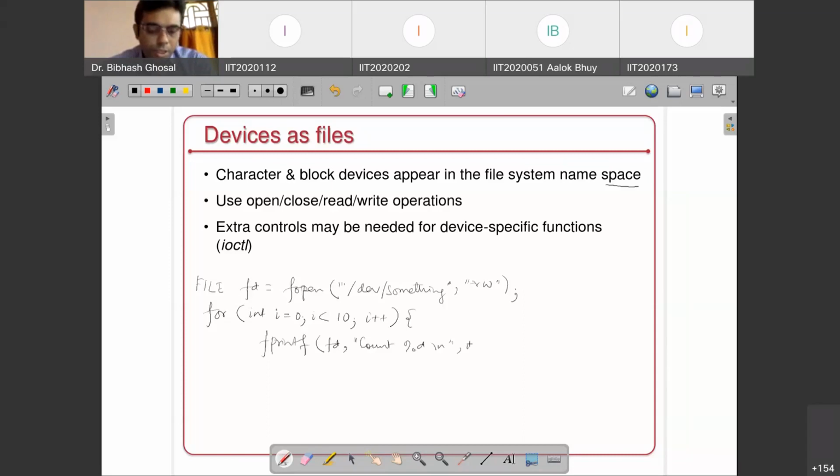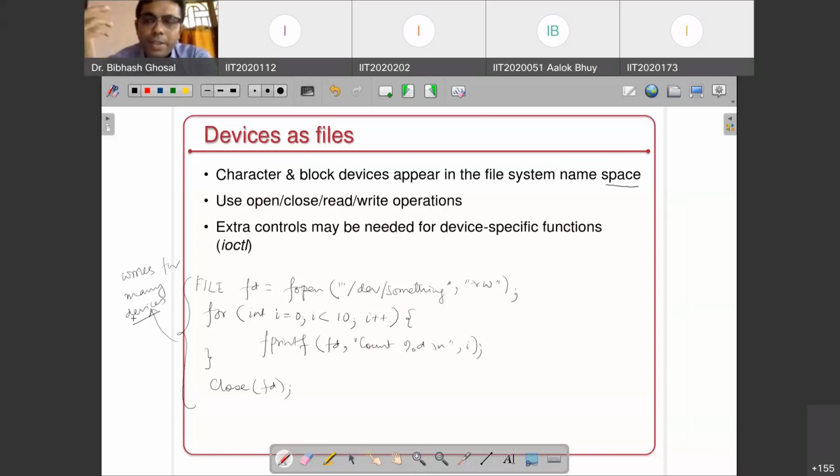So you see that's a very simple interface, and it's the same way that we access a file. And interestingly, this code works for many devices, because we are not mentioning anything specific to a particular device.